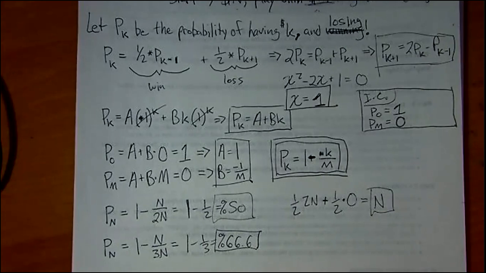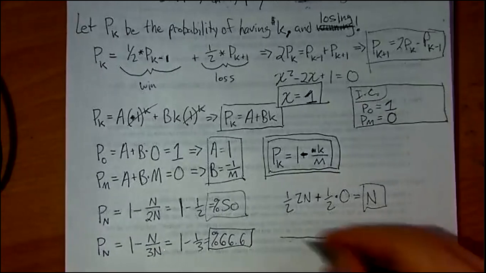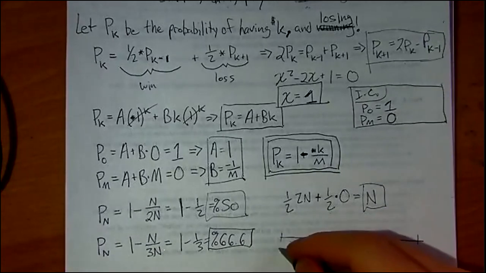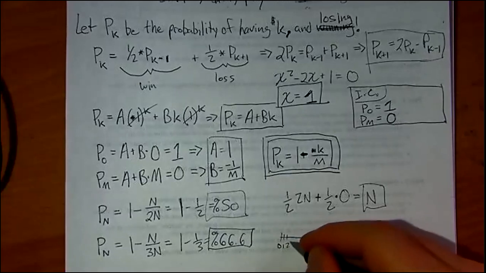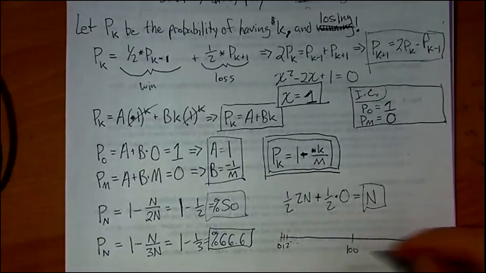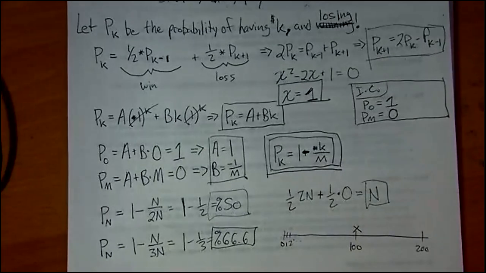Really, the issue here is that if you start out, think about a number line. We have 0, 1, 2, all the way up to 100, and here's 200. And you start off here.